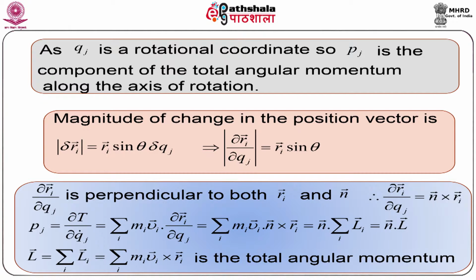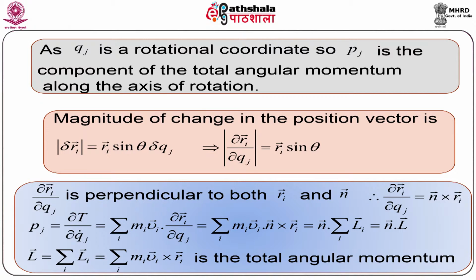Now, Pj equal to del del Qj dot of T. T is the kinetic energy, Qj dot is the generalized velocity, Pj is the momentum. Therefore, Pj equal to summation over i mi Vi dot del Ri del Qj.